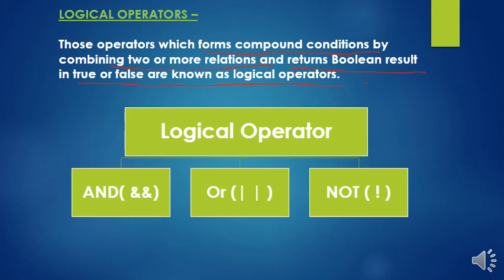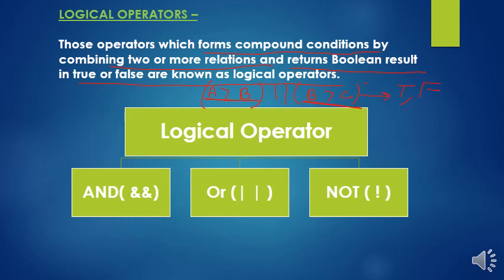For example, if you want to join a is greater than b and b is greater than c, the first relational expression is a greater than b and the second is b greater than c. To join these two, you can use any logical operator, and it will give the result in the form of Boolean data type, true or false.